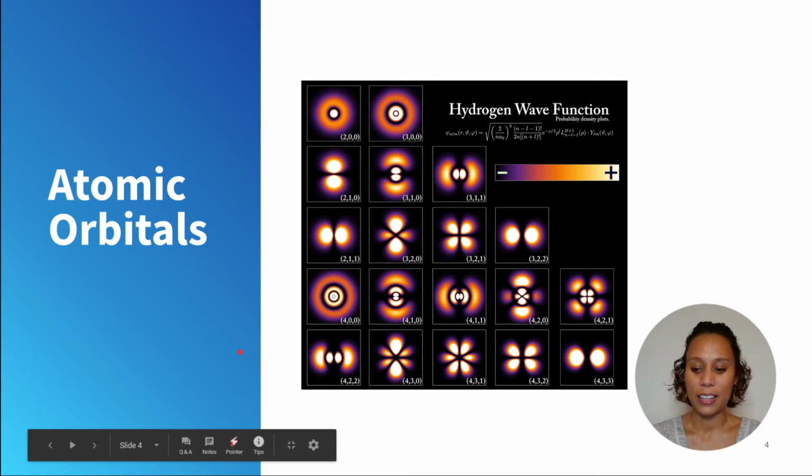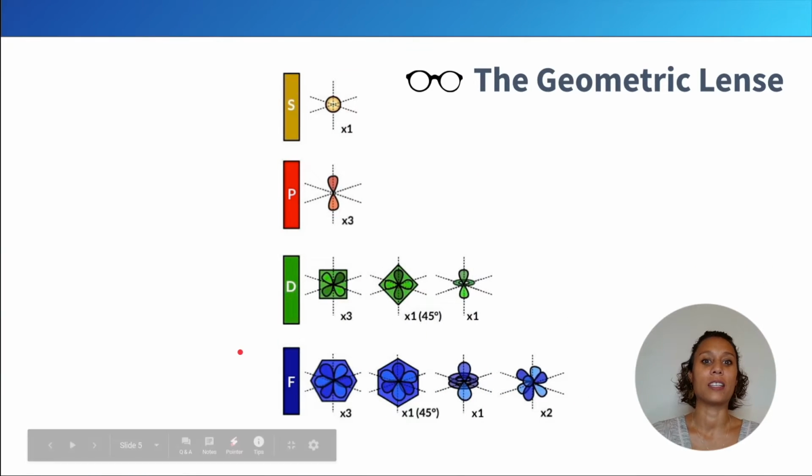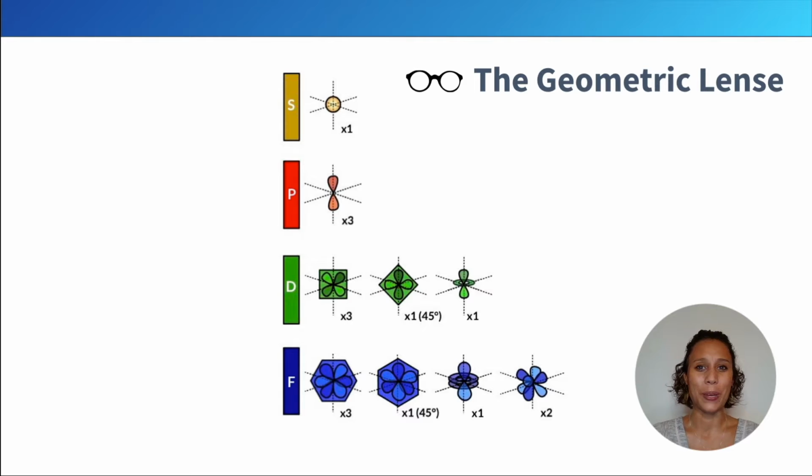But let's check this out a little bit more in detail, because sometimes we get quite overwhelmed by all this data, and we always try to look at it from a more simplified perspective. So these electrons are subdivided into, you could say, subshells, and they're called orbitals.